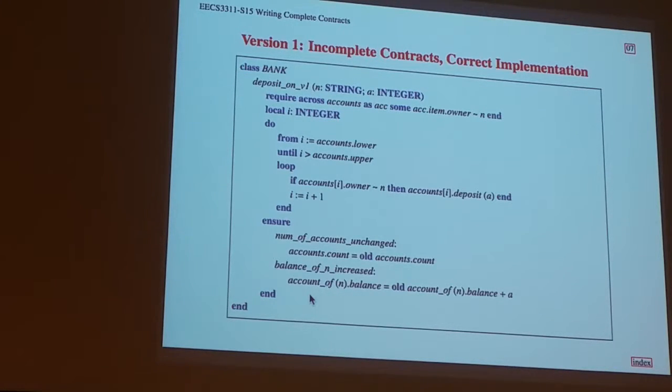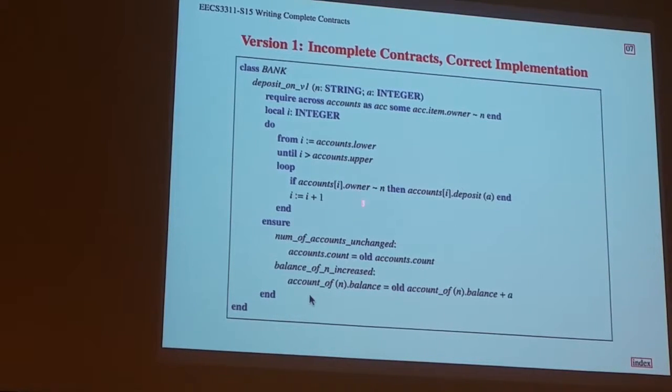Let's say, for example, if we say deposit on, so here could be 1, that means version 1. So this is the case of correct implementation, but we have incomplete contracts. You can see the contracts here. Since you're trying to deposit only on some existing account, the size of the accounts array should not change. So I say accounts.count should be equal to old accounts.count. That should be obvious.